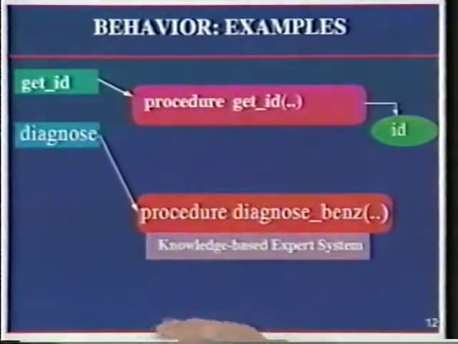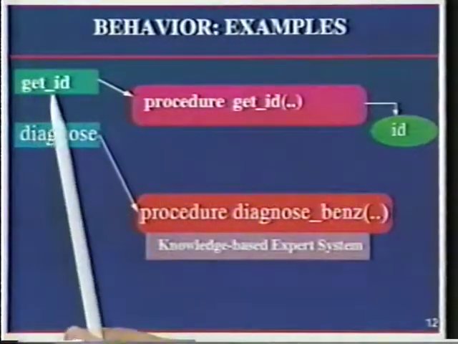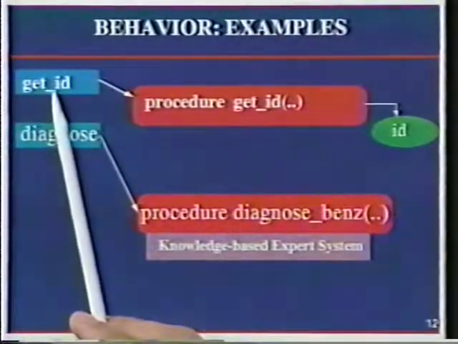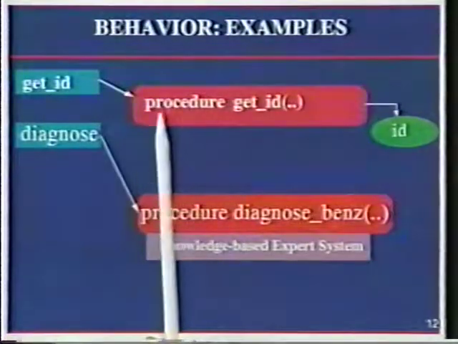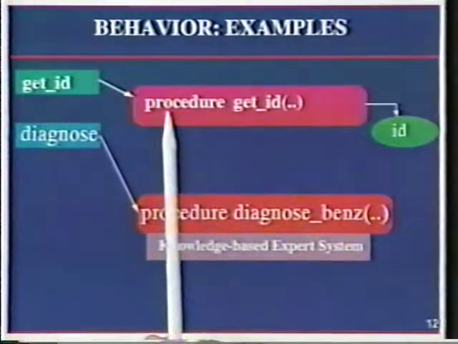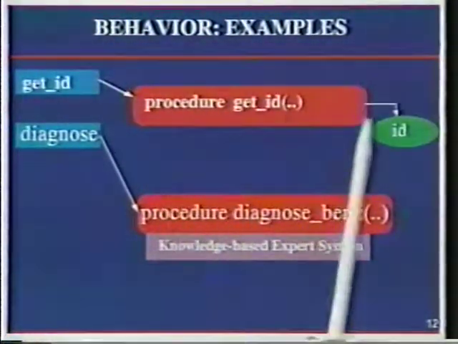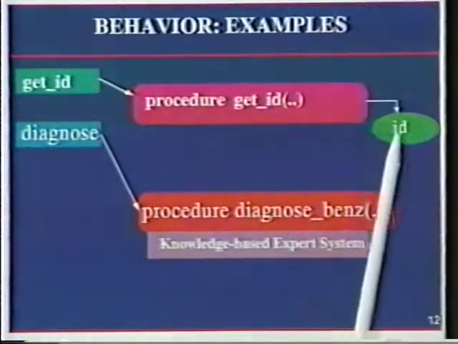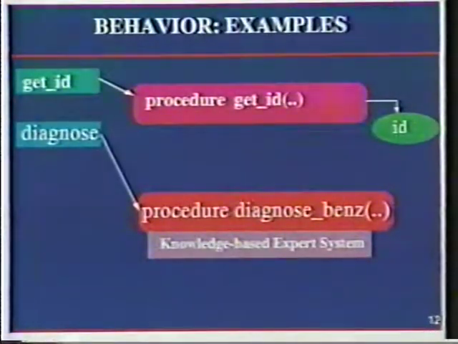So, the way it works is the following. You send a message get ID to Mary's car, and there is a procedure called get ID which gets invoked, and that procedure will do something and go and get the ID. Imagine if someone were to ask your salary, for example. It all depends who asks you for your salary. If the IRS asks, you give one answer, and if someone who is a potential employer asks you a question, you give another answer.